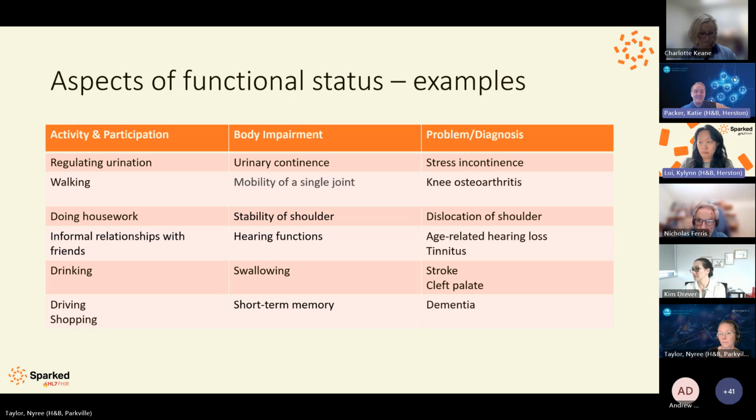And similarly, things like cognitive impairment, which we might think of as a functional impairment that then feeds into different activities, such as driving or shopping or managing your own medications. So we've tried to separate those two things out as different clinical concepts so that they each have their own data groups and ways of measuring them.